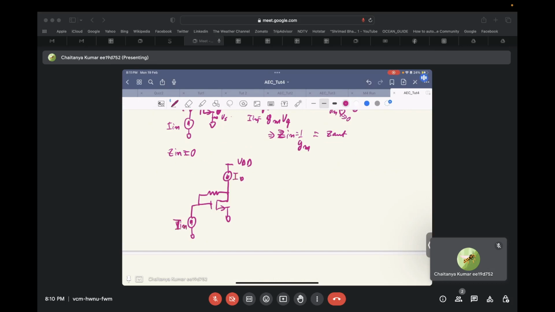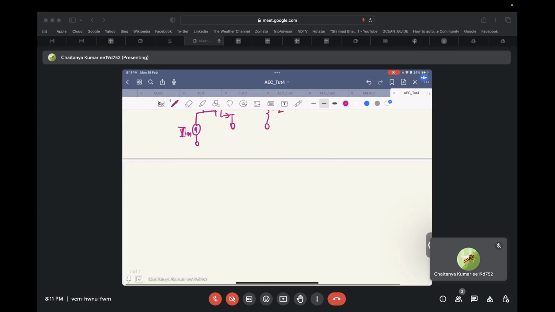This will be I bias, and we can take the output at the source of this circuit. This is one way to bias. Of course, it can be biased in multiple ways. This is one of the ways to bias the circuit. So this is the story of current controlled voltage source.